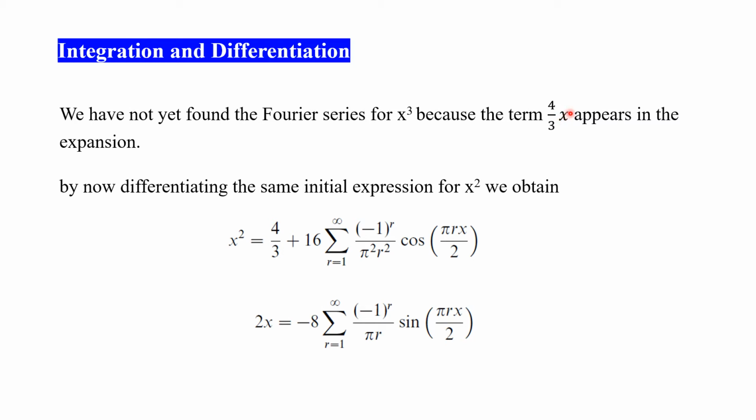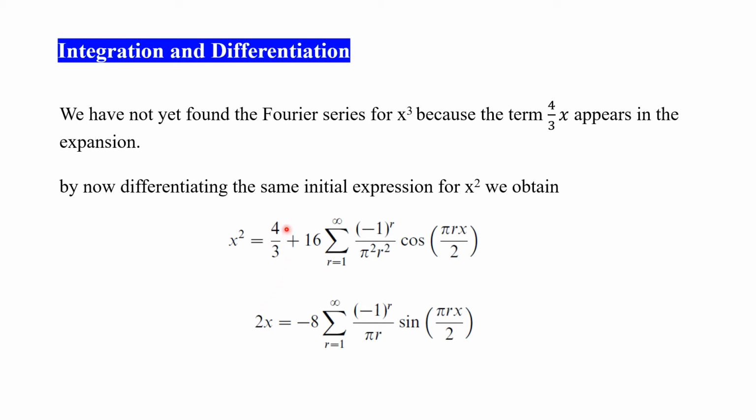By now differentiating the same initial expression for x squared, we obtain the following. Using the same expression for x squared, the next thing that we can do is to differentiate this in order to get an expression just for x. So the derivative of x squared is 2x.